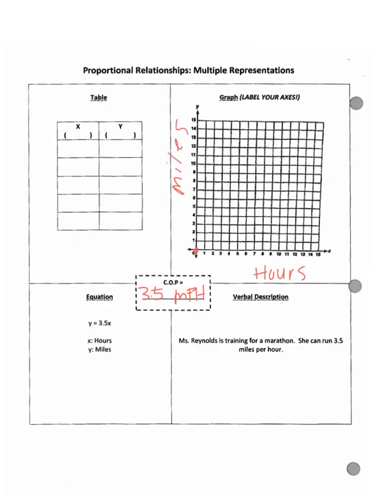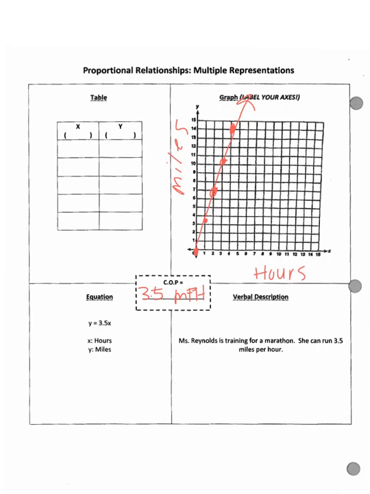She's going to start at 0 hours with 0 miles. 1 hour, she runs 3.5 miles. 2 hours is 7. 3 hours would be 10.5. And 4 hours would be a total of 14 miles. Go Miss Reynolds. And so that would be our graph.